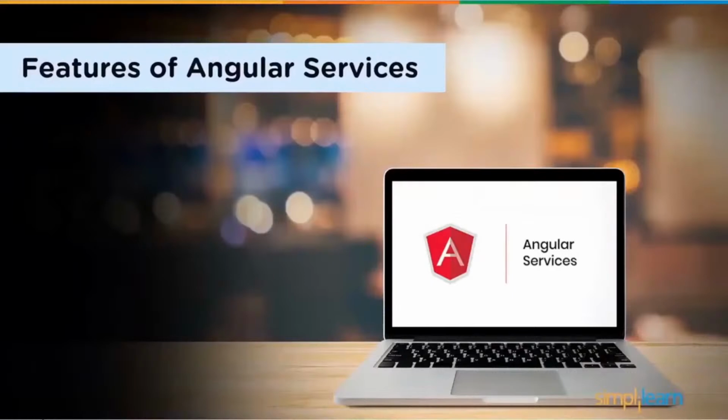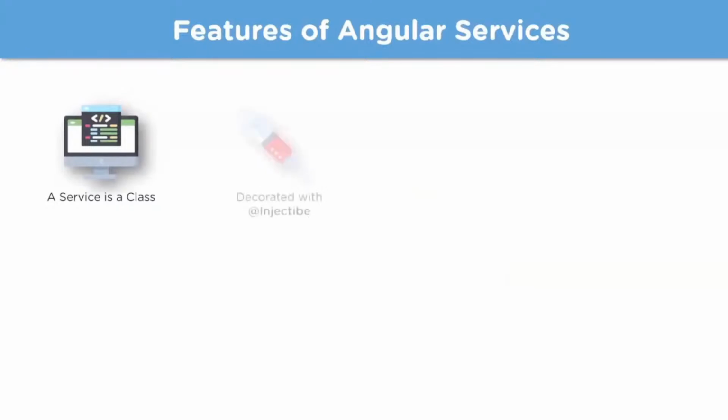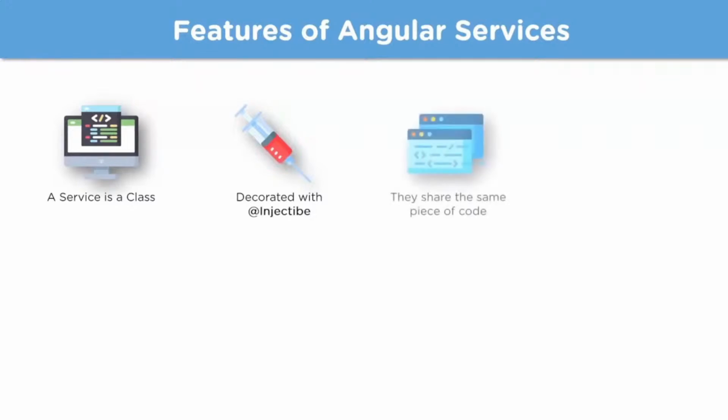So now let's talk about a few features of Angular services. Now typically an Angular service is simply a TypeScript class with an @Injectable decorator. This decorator tells Angular that the class is a service and can be injected into components that need that service. Now they can be used to share the same piece of code.